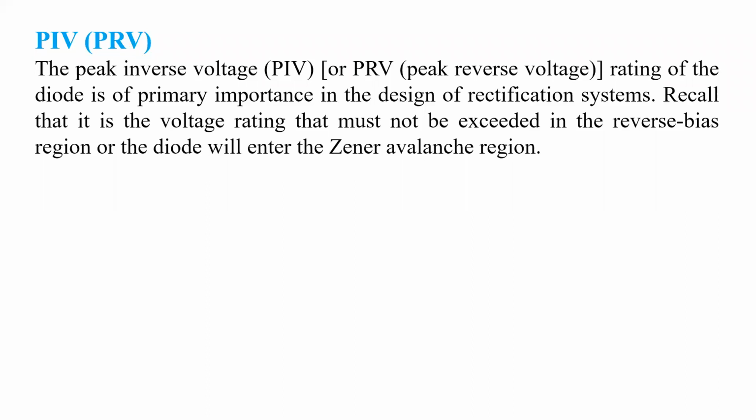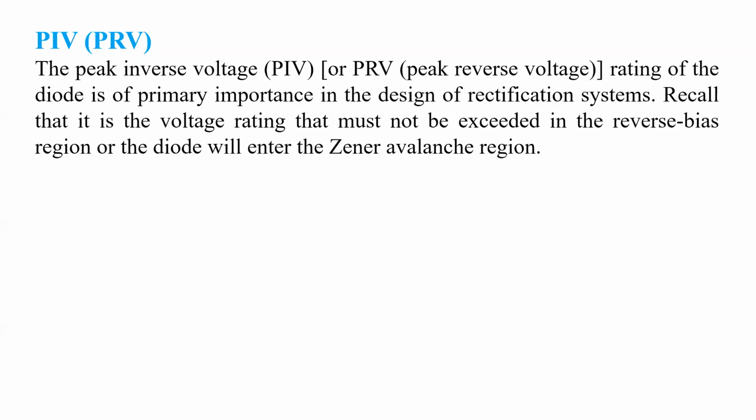That means if you give more than 50 volt, your silicon diode will be damaged. If you give more than 50 volt in reverse bias, your diode will be damaged. That time you cannot give more than 50 volt.